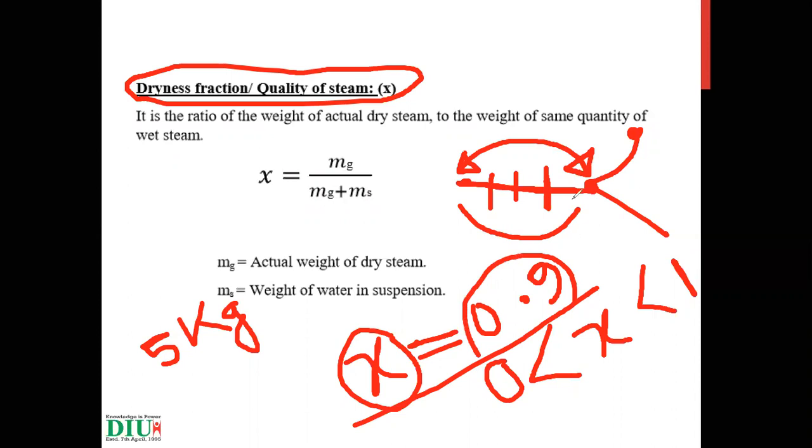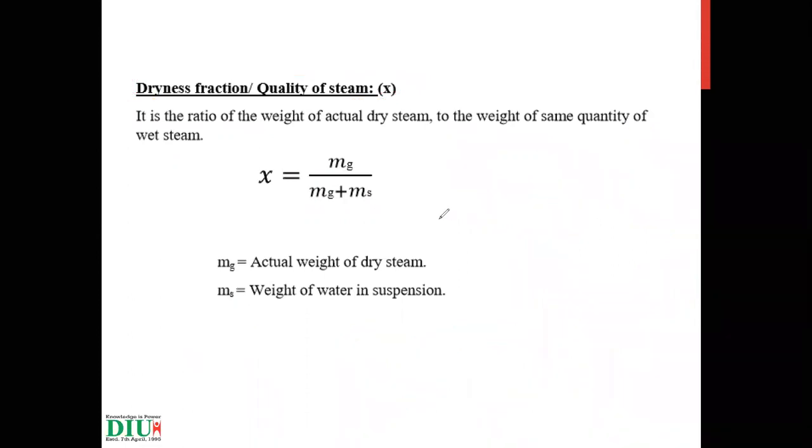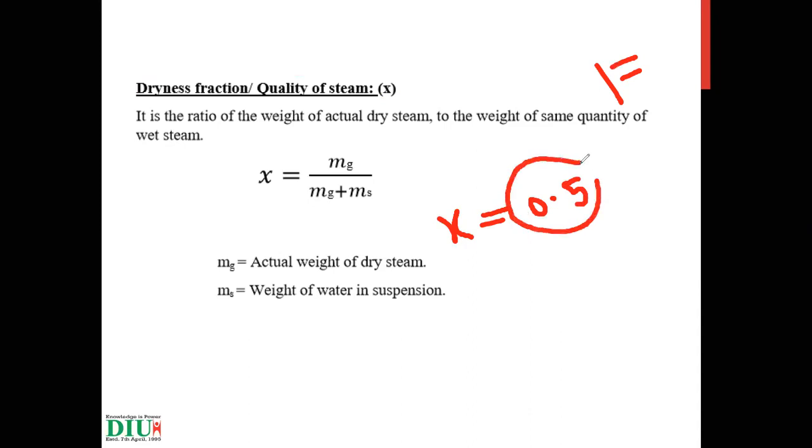Whenever X equals any value, suppose X equals 0.5, taking 1 as 100%, 0.5 equals 50%. That means 50% of water has converted to dry steam, and the remaining 50% is still left in the pot or wherever we are making the steam.